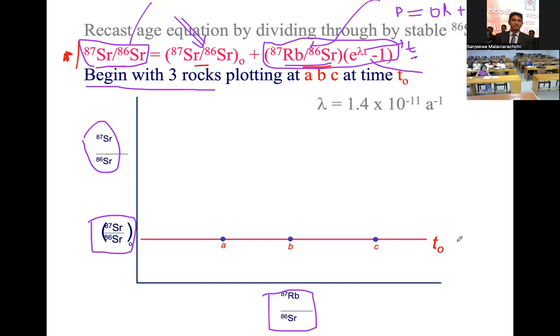All the rocks should show the same initial ratio, so that's why they are lying at the same level, A, B, C. Three points are there. So we'll see with time what happens.